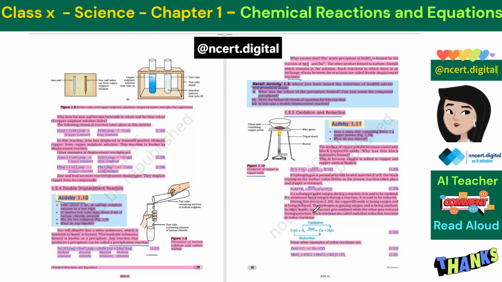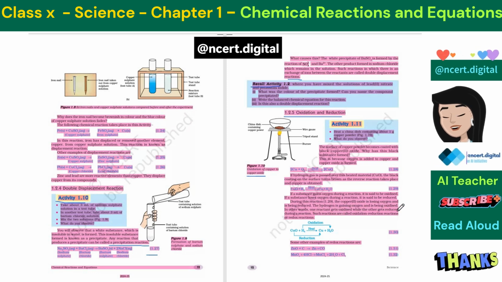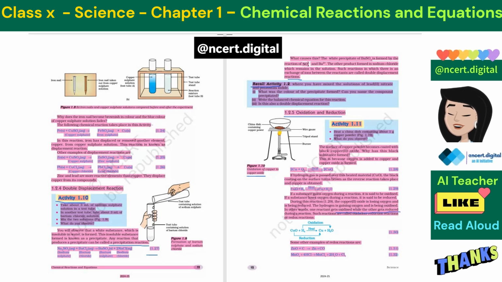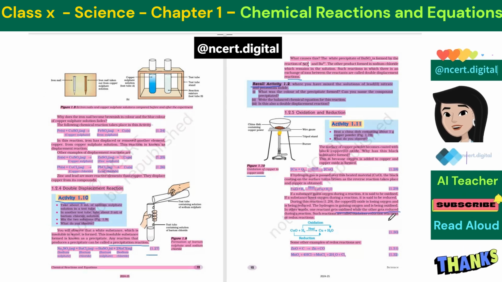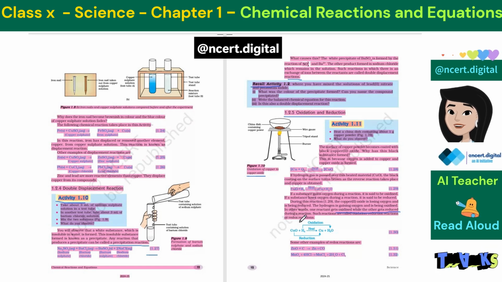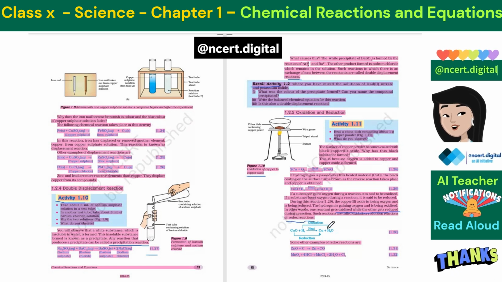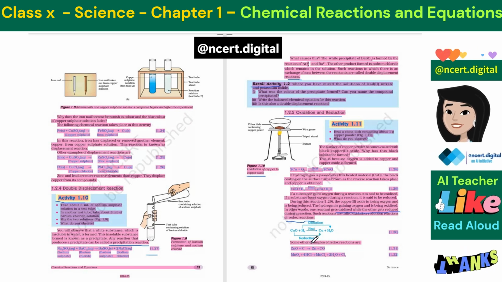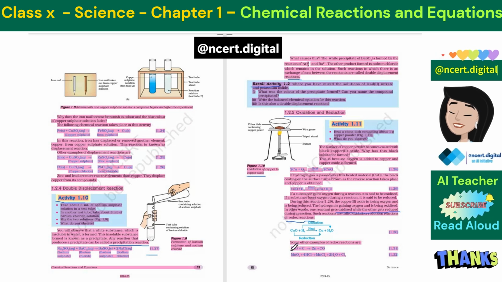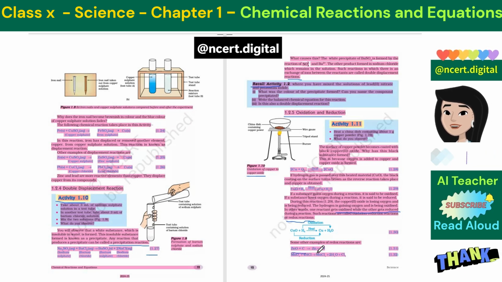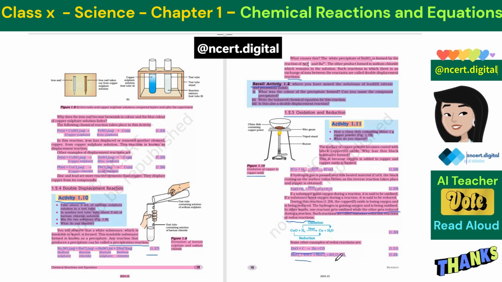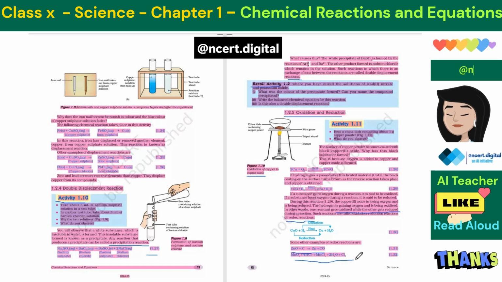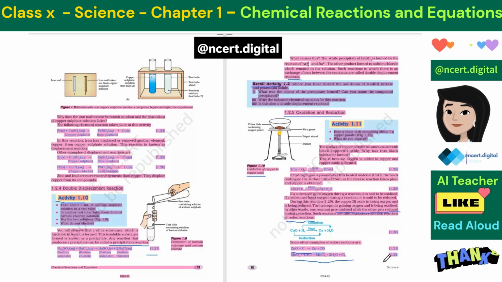In other words, one reactant gets oxidized while the other gets reduced during a reaction. Such reactions are called oxidation-reduction reactions or redox reactions. Some other examples of redox reactions are ZnO + C gives Zn + CO, MnO2 + 4HCl gives MnCl2 + 2H2O + Cl2, 1.30, 1.31, 1.32.